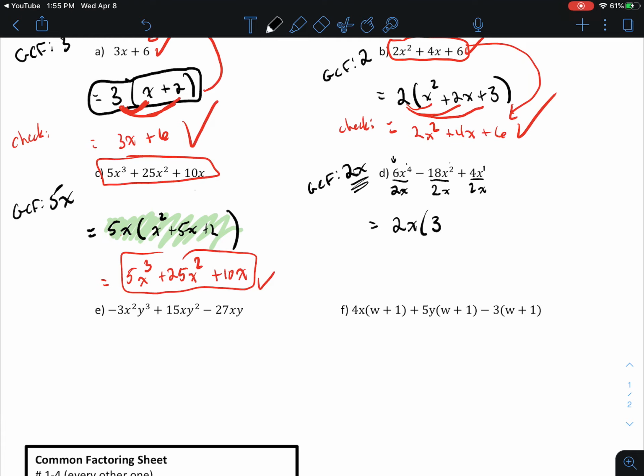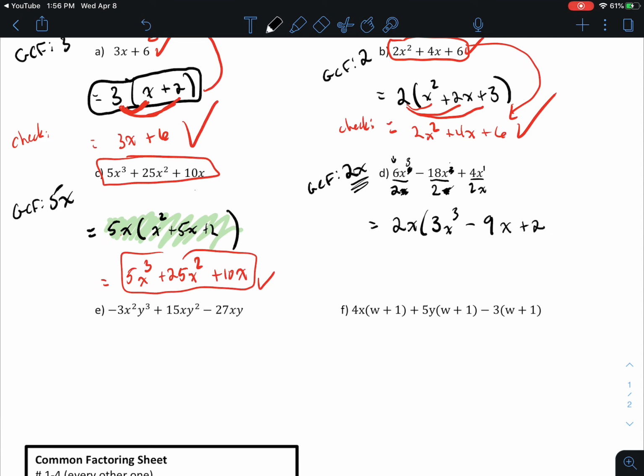6 divided by 2 is 3. One of the x's from the bottom cancels out that x, so this becomes 3x cubed, minus 18 divided by 2 is 9, and then one of the x's from the bottom cancels with the x there, and that becomes 9x, because that's all that's left.